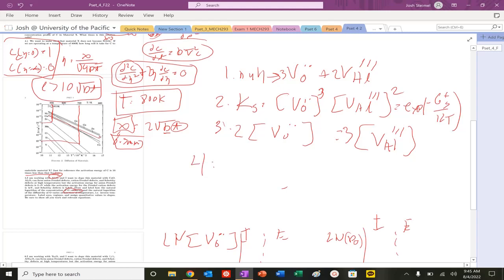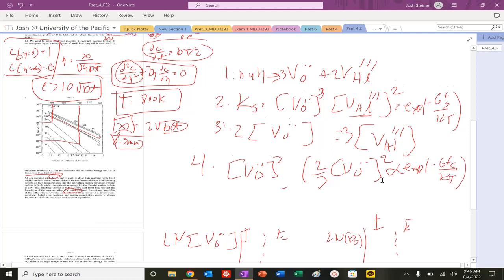So now I need to rewrite my expression because, again, what am I interested in? Vacancies of oxygen. So I need to substitute and get rid of this Al here. So I'm going to end up with an expression that is V naught cubed, and then I'm going to substitute in 2 over 3 V naught squared, and that's going to be proportional to exponential minus G formation of Schottky over KT.